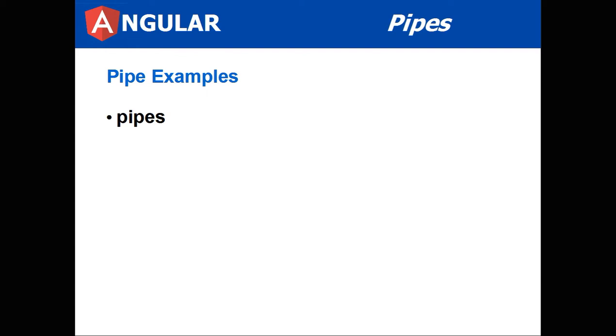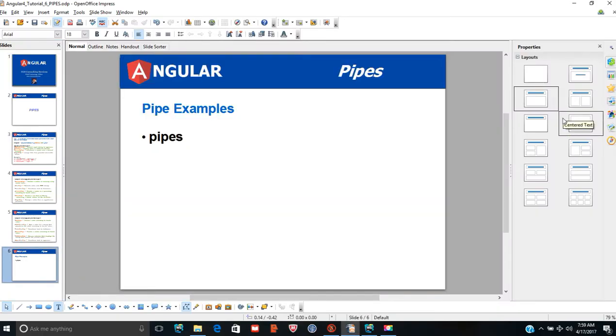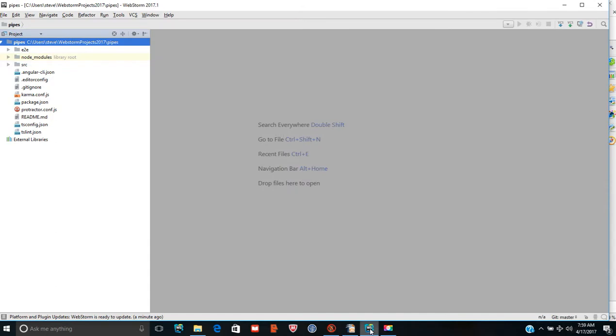Cool. So let's look at the example. I have an example which shows you all of these types of pipes. And let's look at that now. I have created a pipes project with Angular CLI within WebStorm.